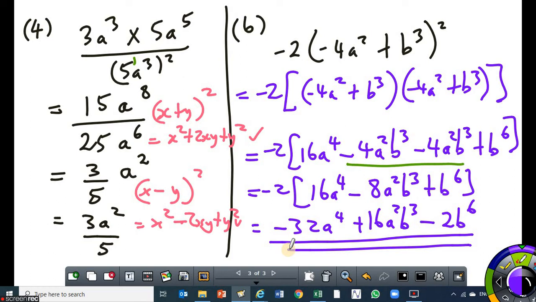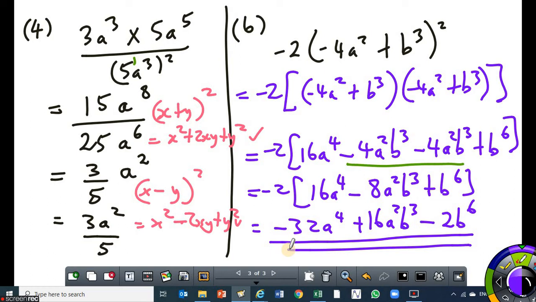Any question? Yes. How come we don't simplify and divide all the coefficients by 2? The final answer is not necessary to simplify. In the video it says simplify the expression.